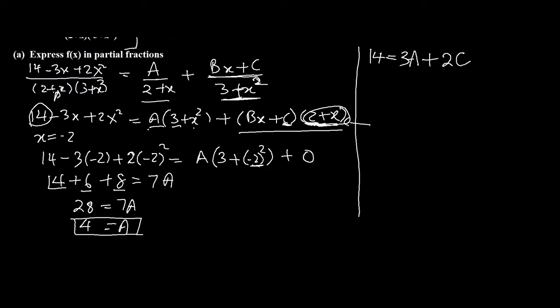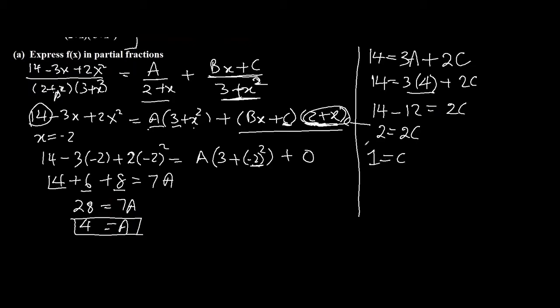Others will give us x's, which we are not interested in. So 14 equal to 3 times A, and A is known to us now, 4, plus 2C. 14 minus 12 comes to the left side, becomes 2 equal to 2C, and C becomes 2 over 2, which is 1.